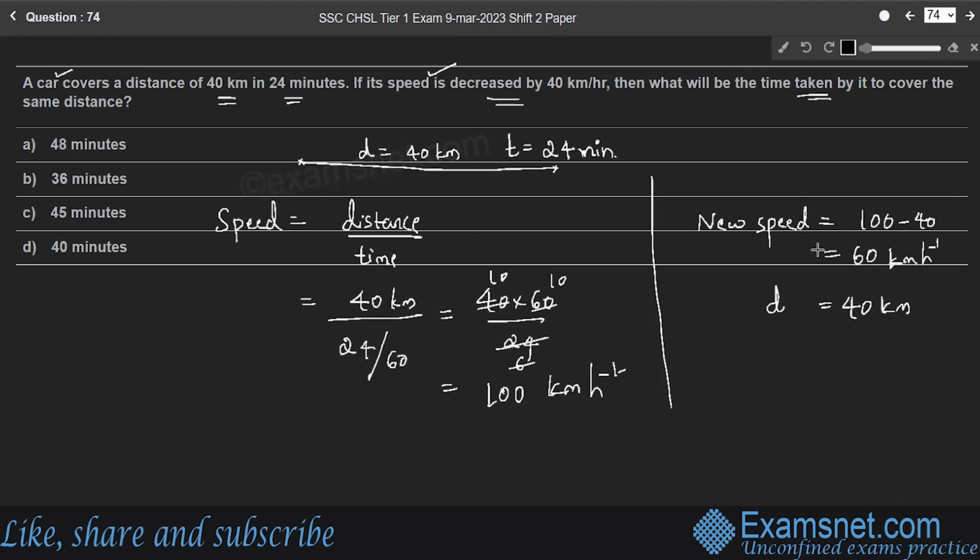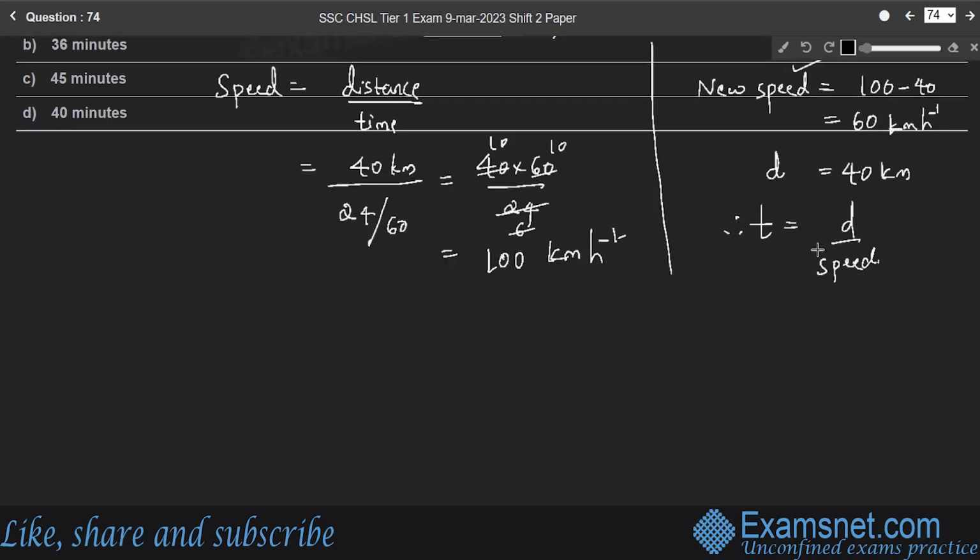To cover the same distance when the speed is decreased, what is the time taken by the car? Therefore, time T is equal to distance by speed, D by speed. By the formula, distance is 40 kilometer, speed is 60 kilometer per hour.